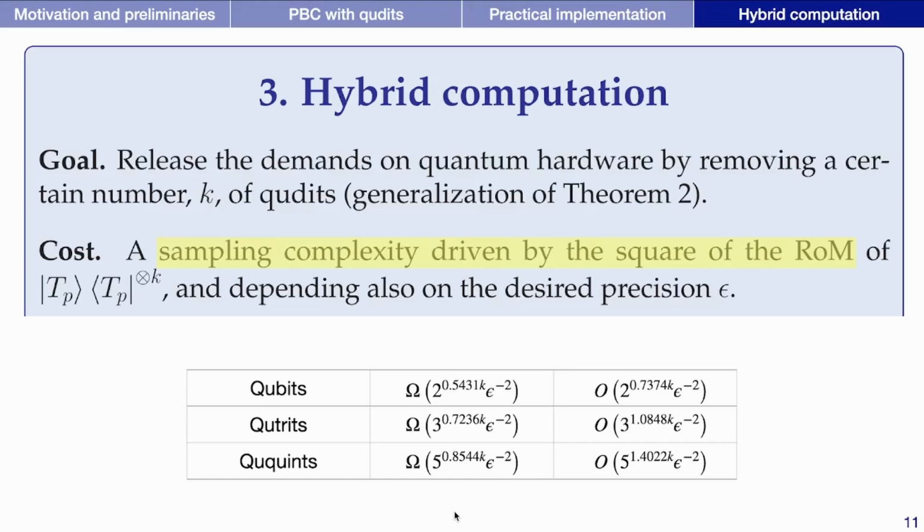And here I just want to point out that as we change the dimension of the qubits from 2 to 3 to 5, we also change the base of the exponential. So notice here 2, 3, and 5. And the same for the upper bounds. And the reason to do this is that when we increase the dimension of the qubits, immediately we're increasing the size of the Hilbert space.